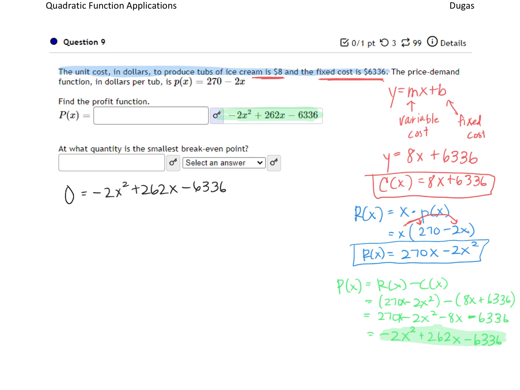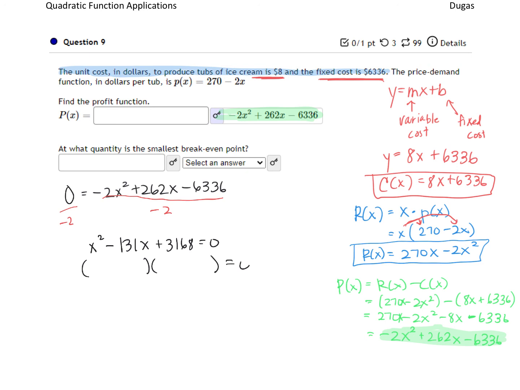So when we solve this quadratic equation, the first thing I see is that I could divide everything by a negative 2. So if I divide both sides by negative 2, I will get x squared minus 131x plus 3168 is equal to 0. And now you can either factor this or use the quadratic formula. If you don't know how to factor it, go ahead and use the quadratic formula, or you can divide 3168 by numbers until you figure out what works.